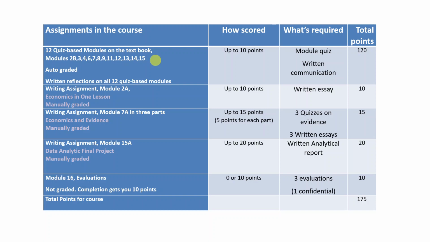Each of these quiz-based modules gets you up to 10 points, and that's 120 points. You'll be reading, studying, and working through the material to get ready for the quiz. Then you take a quiz. There are only 10 questions, and you have to score well or you cannot move on.